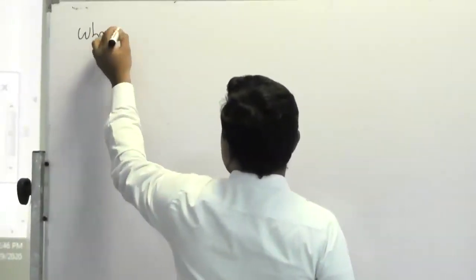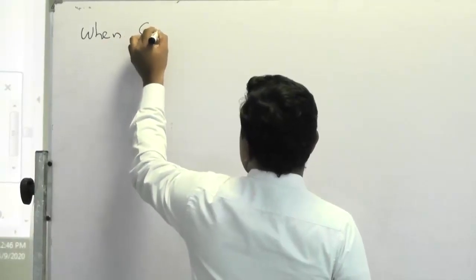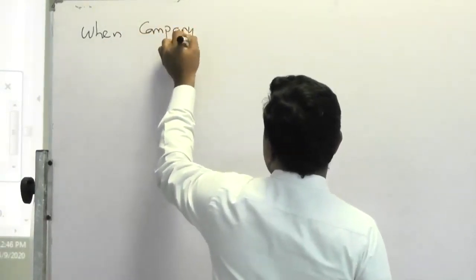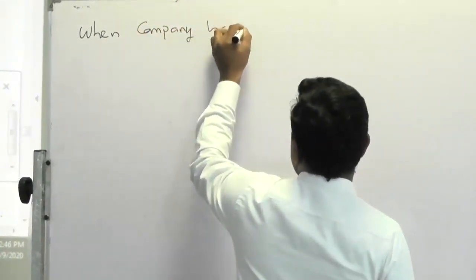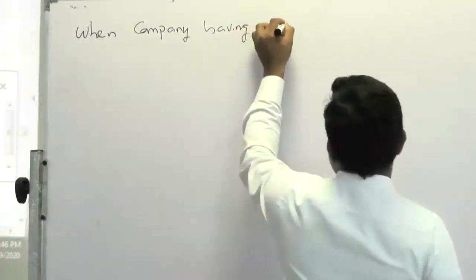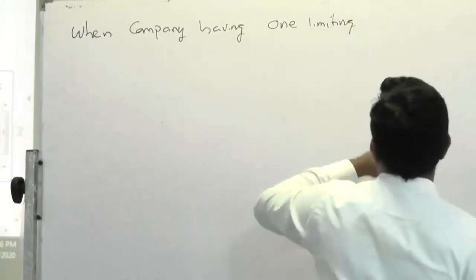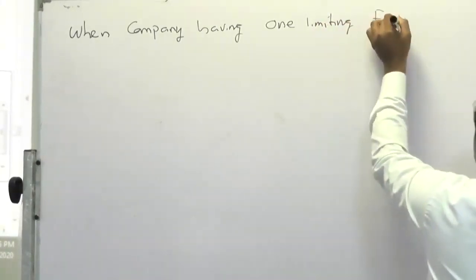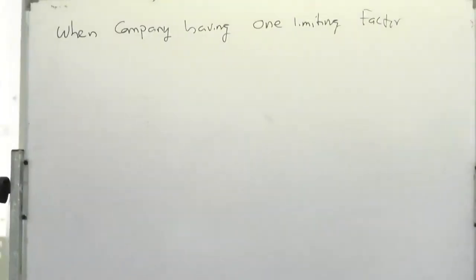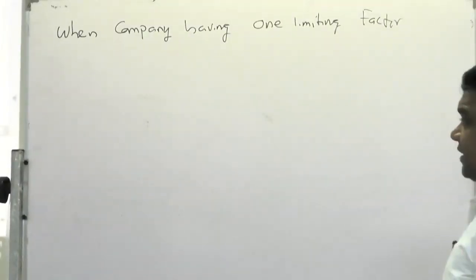When a company or entity is having one limiting factor, why am I taking one limiting factor? Because sometimes there is material type A, material type B, and likewise you have more limiting factors.